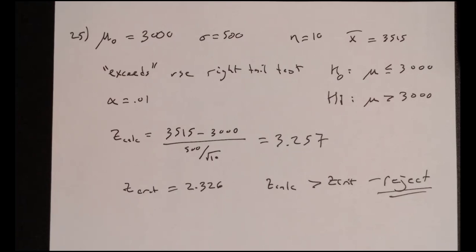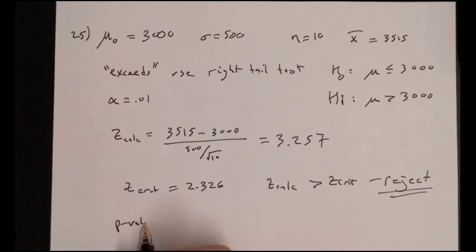How would I find a p-value? I can use either C1 or C2, but what am I going to look up?